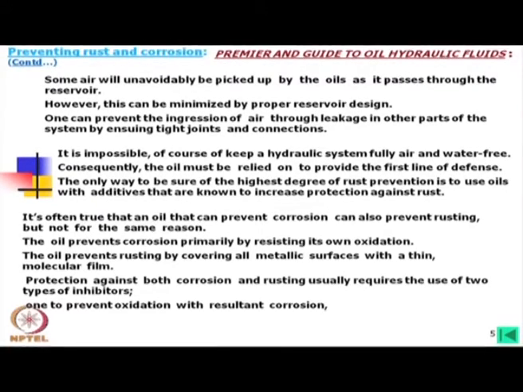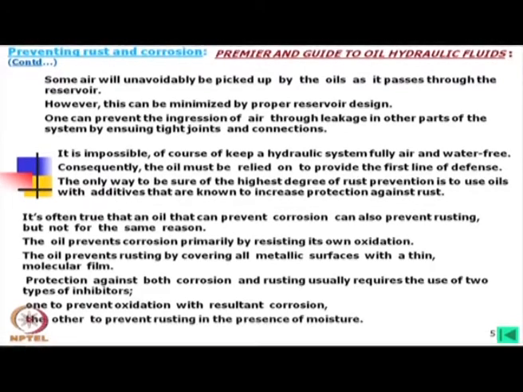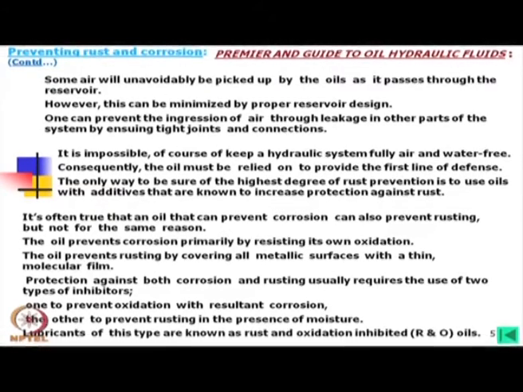One to prevent oxidation with resultant corrosion, the other to prevent rusting in the presence of moisture. Lubricants of this type are known as rust and oxidation inhibited, which is popularly called R&O oil. So, R&O oil means rust and oxidation inhibited.